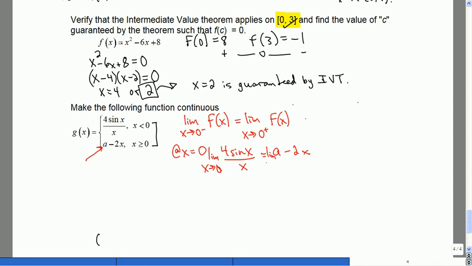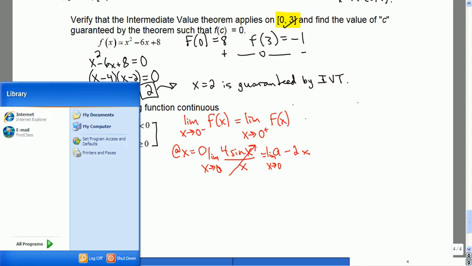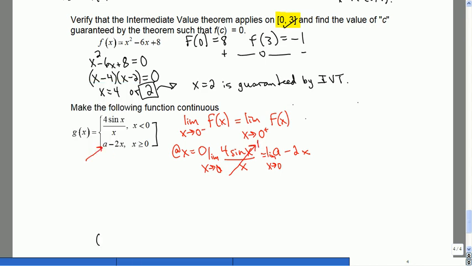What value makes these the same? So you may already remember this one. So that gives me the left-hand side is equal to 4. And when I substitute x equals 0 into here, I get a equals 4.